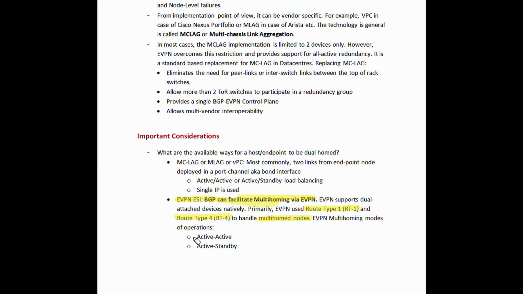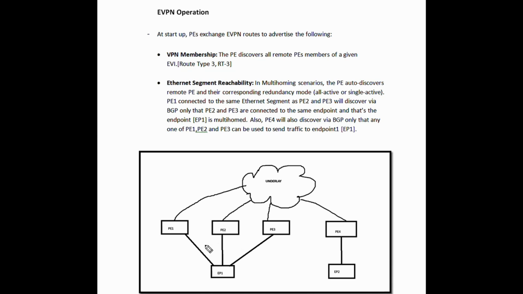So it can be active-active or active-standby. But a very important distinction is that BGP EVPN is not restricted to two links in the bundle or in the port channel. So if we add a third link towards a third leaf switch, for example, endpoint 1 connected to PE3 or leaf 3, that is a totally supported topology.